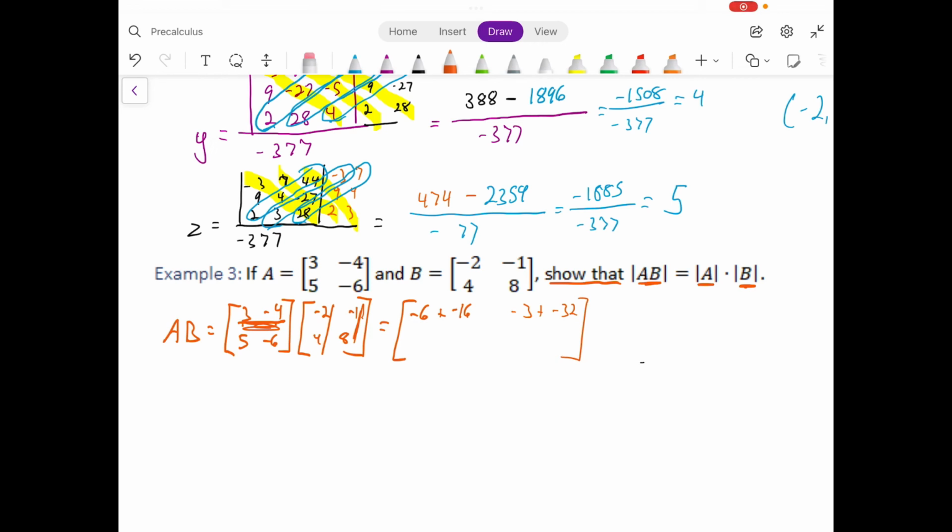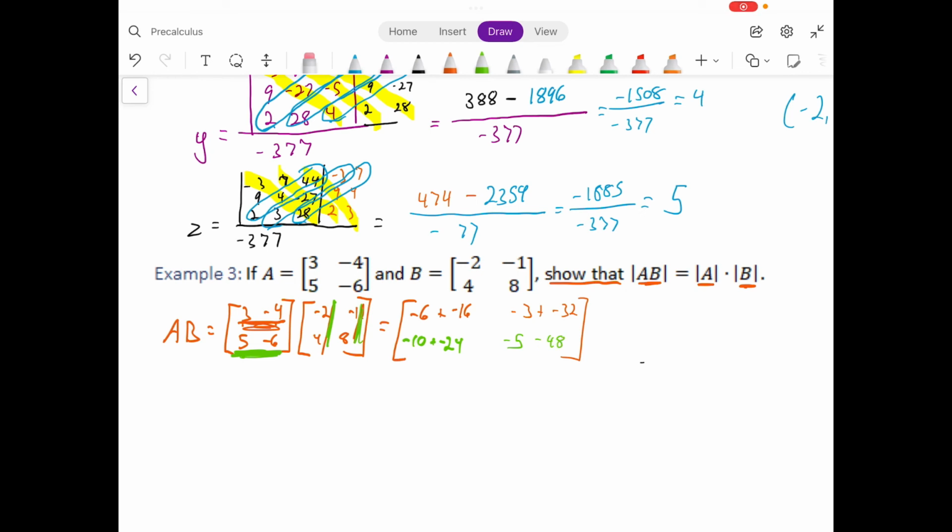And then we will do second row with first column. 5 times negative 2 is negative 10. Negative 6 times 4 is negative 24. And then second row with second column, 5 times negative 1 is negative 5, and negative 6 times 8 is negative 48.